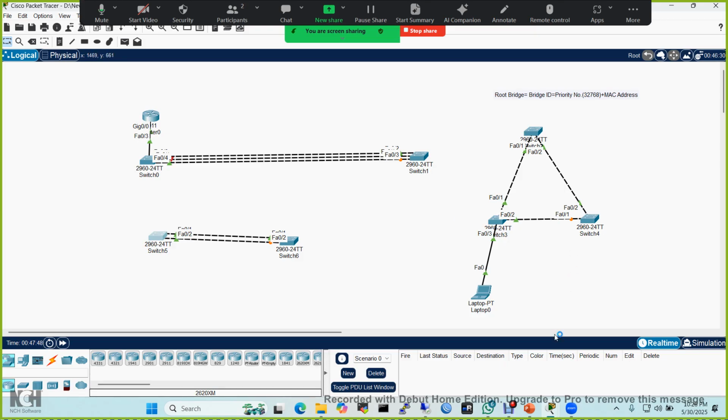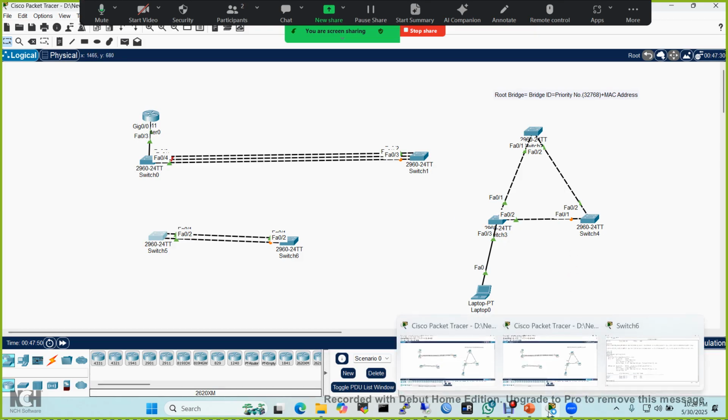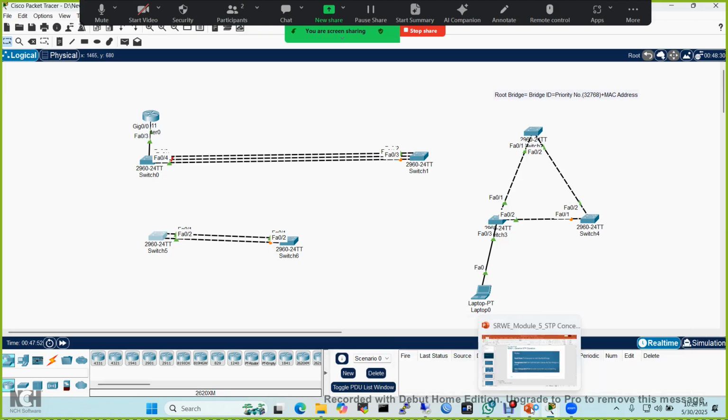Now I will go to another role, the root role. Which port will have the root role? Can you say? The shortest one to the root bridge. This is the root bridge, and these two switches are non-root bridges.